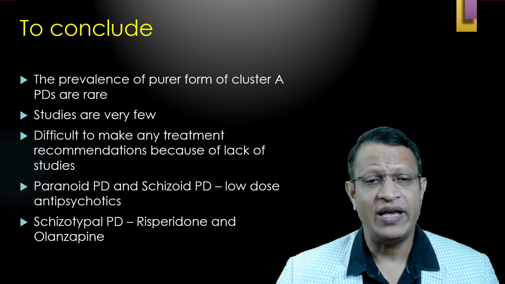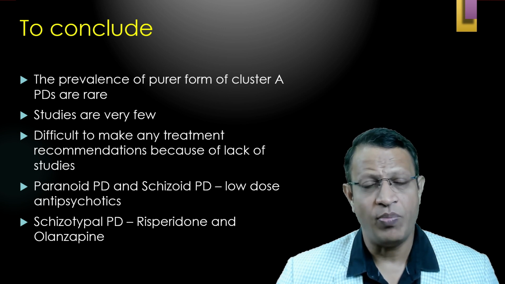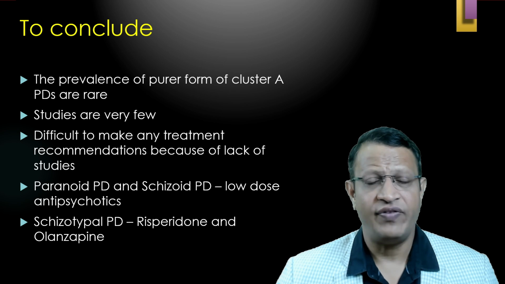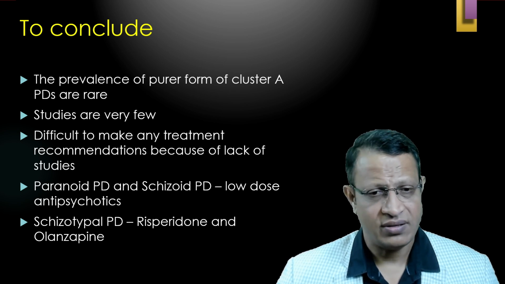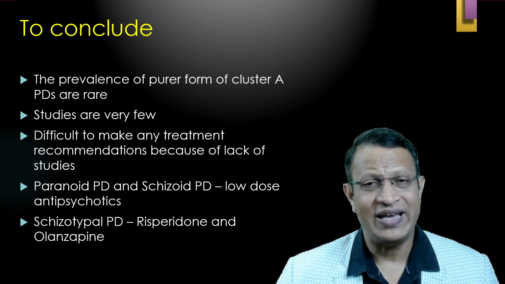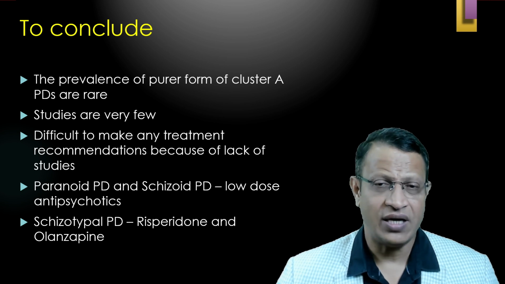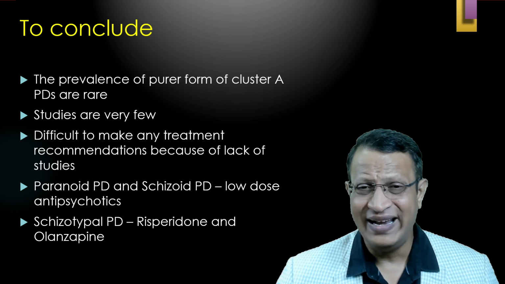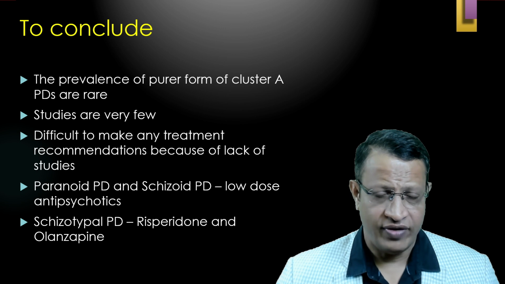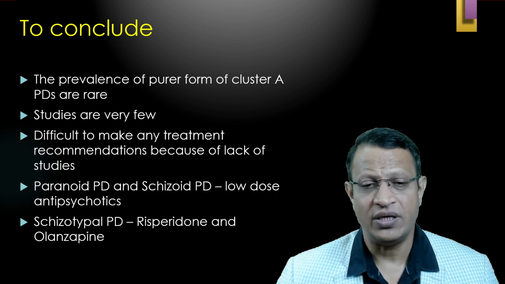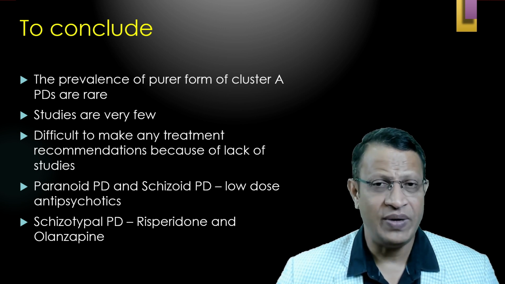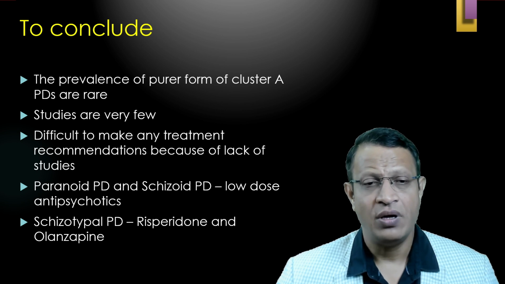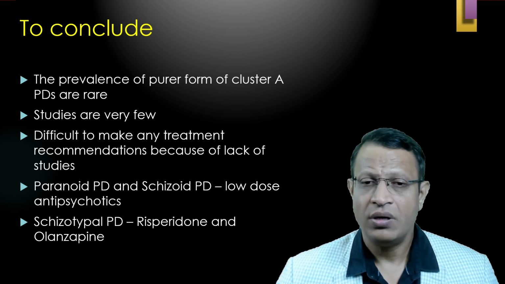It is difficult to make any treatment recommendation based upon evidence. Most of it is clinical guidelines. Paranoid and schizoid PD can be given low dose antipsychotics. However, the evidence for antipsychotics is very poor. Further, there are a couple of RCTs with regard to risperidone and olanzapine, and they have been found to be helpful in schizotypal personality disorder, my dear friends.